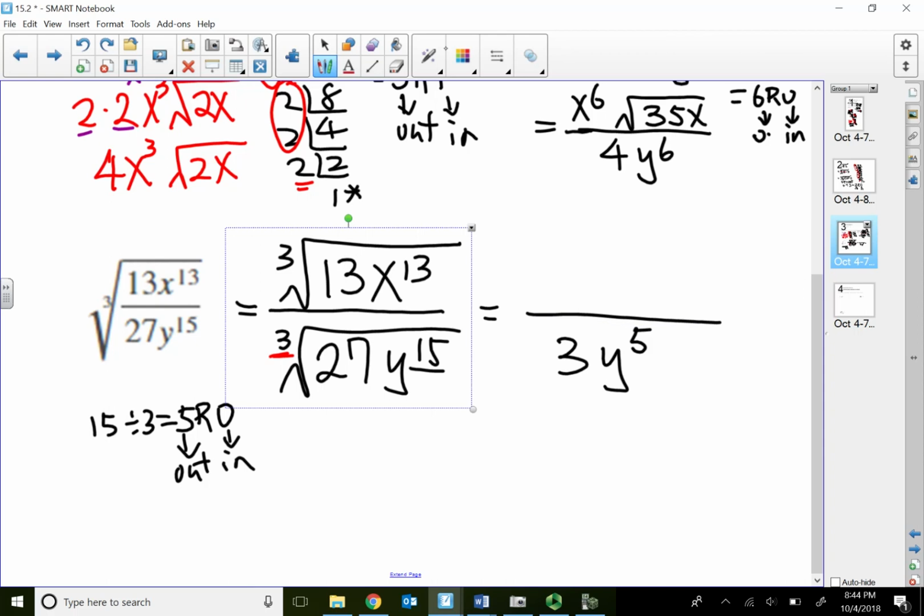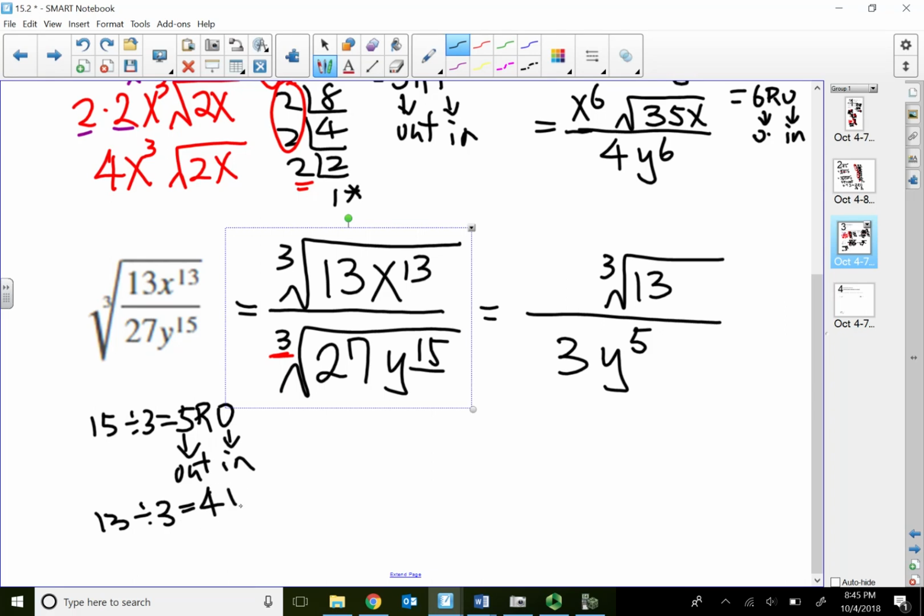Now 13 is a prime number, so that cannot be broken down. That means this single 13 has to stay inside the cube root. Next, x to the 13th power. So let's see, 13 divided by 3. I'm basically trying to see how many groups of 3 x's together I can make, and 3 going into 13 is 4 times, remaining 1.